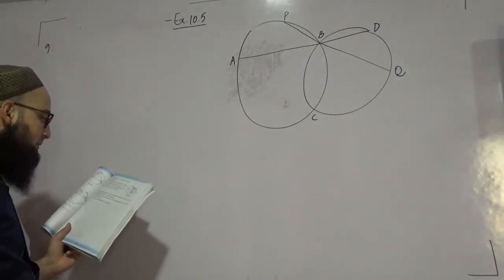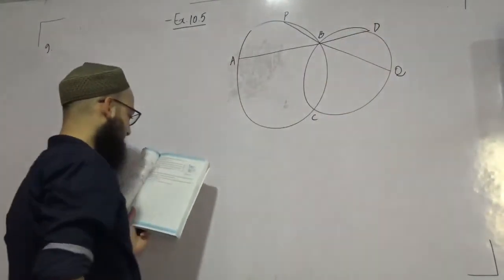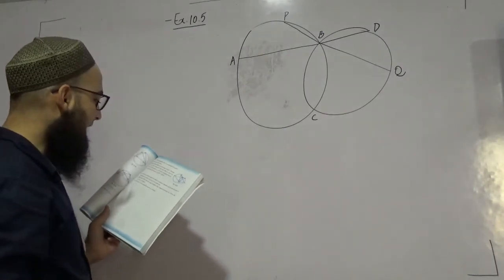The two lines intersect the circle at A, P, Q, D. Prove that angle ACP is equal to angle QCD.